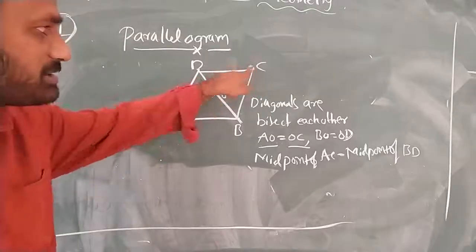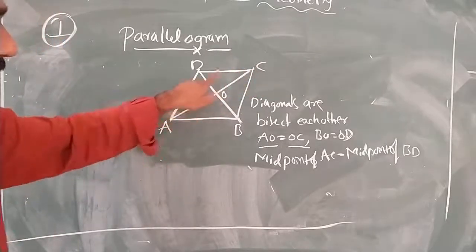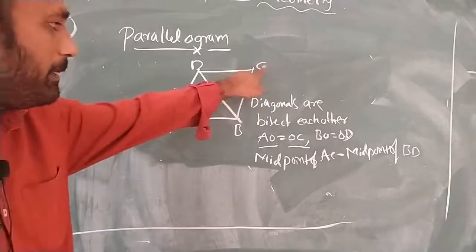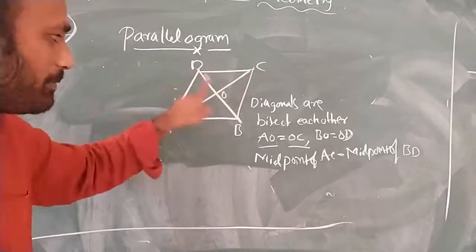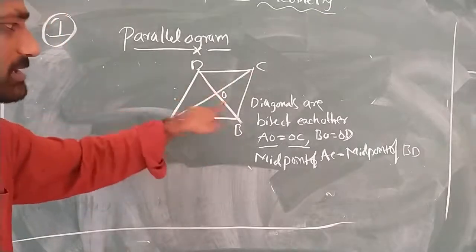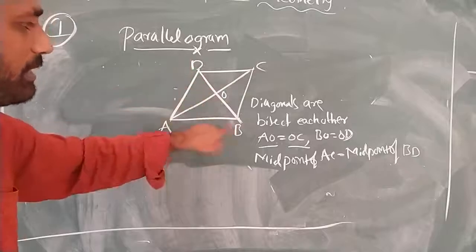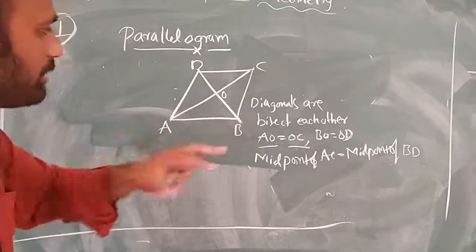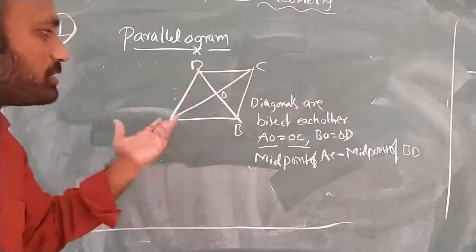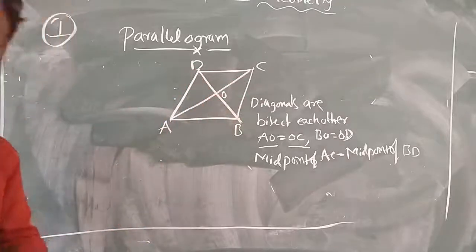Since the distance is the same, the ratio will be the same. If the ratio is the same, this point is considered a midpoint. In BD also O is the midpoint, because OB is equal to OD. Since O is the midpoint of both, the midpoint of AC is equal to the midpoint of BD.